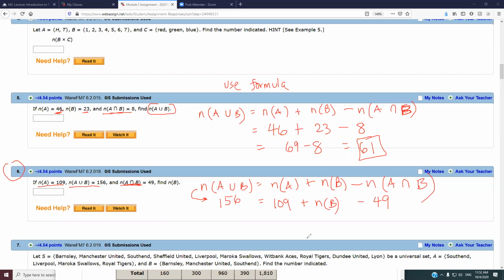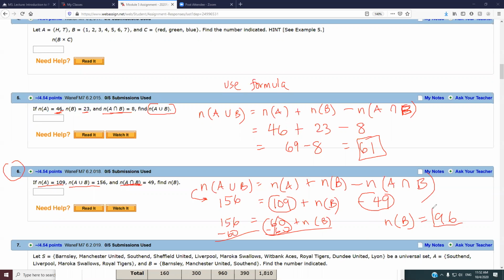That's the unknown quantity. Well, this is a very simple equation I can solve for the number of elements in set B. Let's see, 109 subtract 49 is 60. Now, of course, I'll just subtract 60 from both sides. And I'm ending up that the number of elements in set B is, I think that works out to be 96.